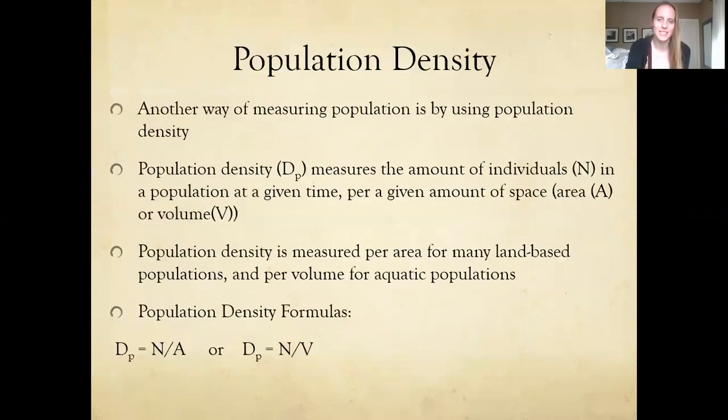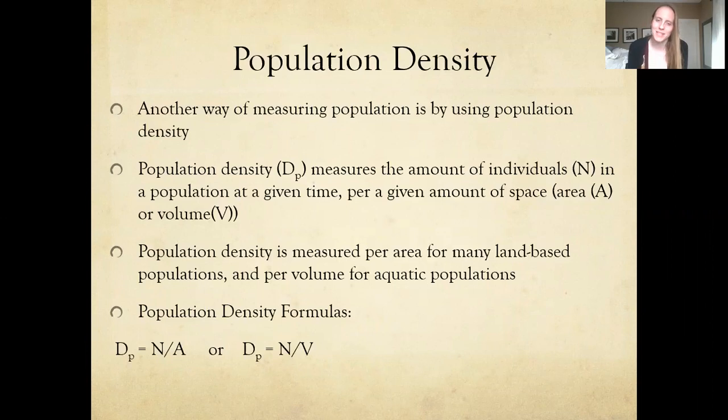So population density is just a way that we measure populations. The symbol for population density is a capital D with a little subscript P. It essentially measures the amount of individuals, which we represent with a capital N, in a population at any time, per the amount of space.